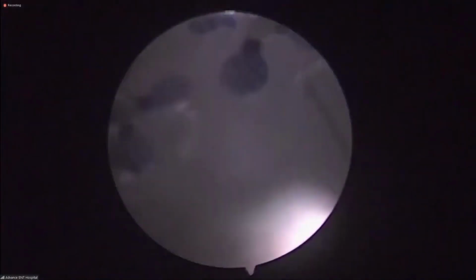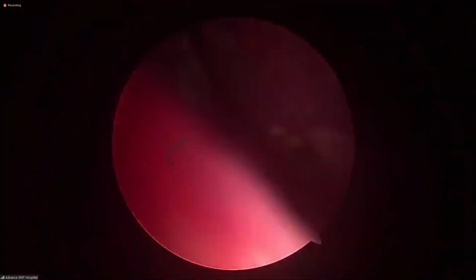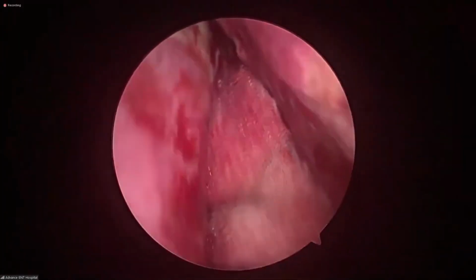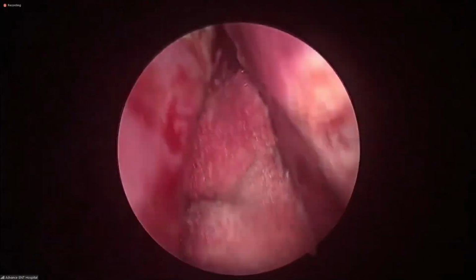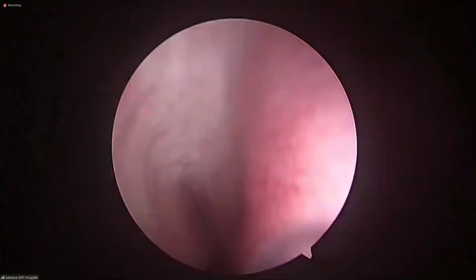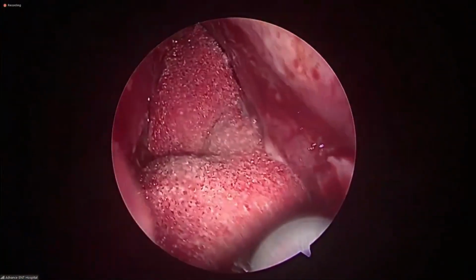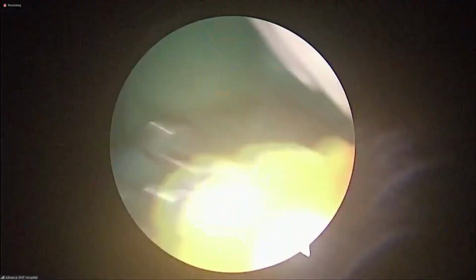Remember the CT scan. Remember in the CT scan what we are expected to see here: a narrow opening of the frontal sinus and a posterior cell just behind the opening. Yes, exactly.